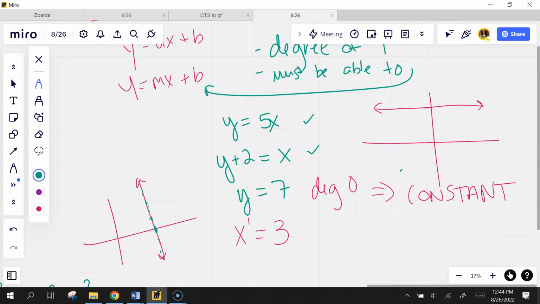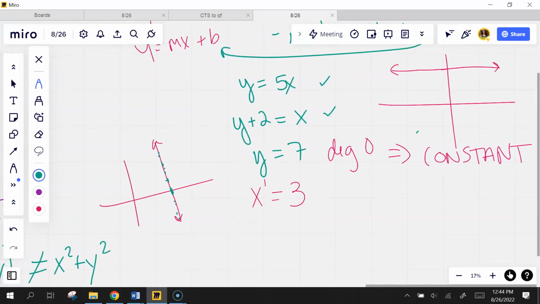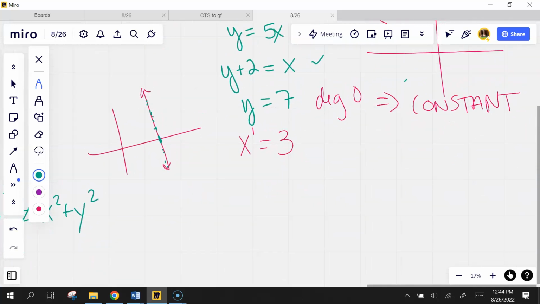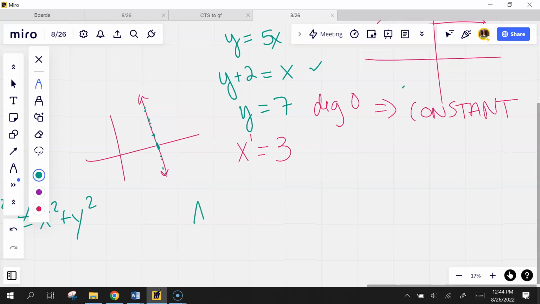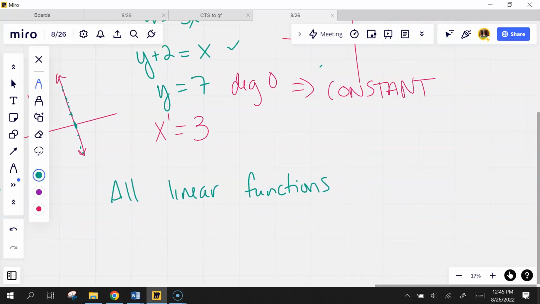I'm going to teach you 2 new words. Let's at least finish linear functions. We'll take a break before we do quadratic. All linear functions are what we call oblique.